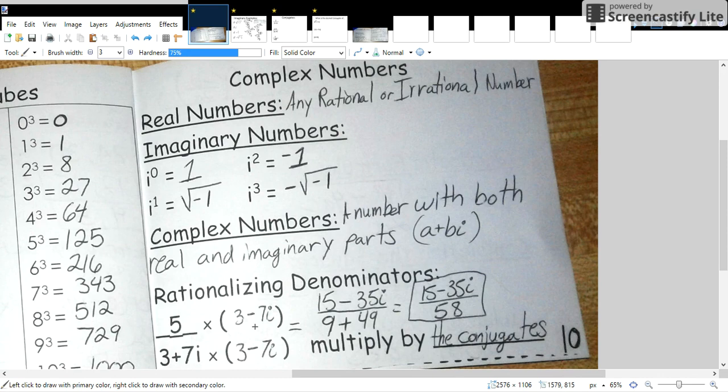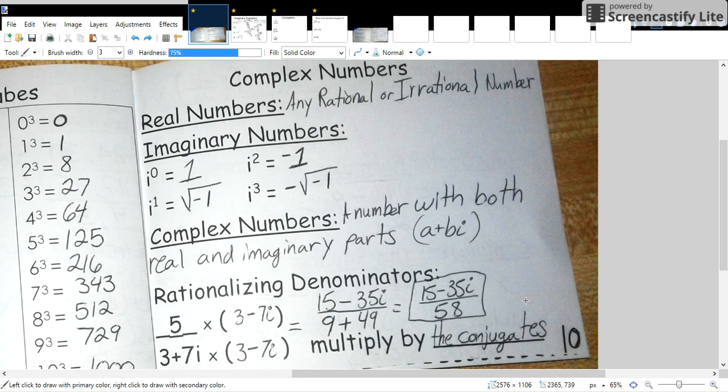Now at the top, in your numerator, you still need to multiply by that conjugate. So 5 times 3 is 15, and 5 times negative 7i is negative 35i. So after you add the denominator together to get one number, your rationalized form is 15 minus 35i divided by 58.